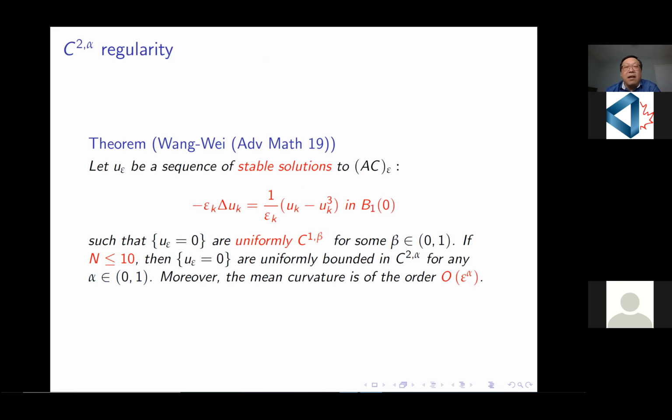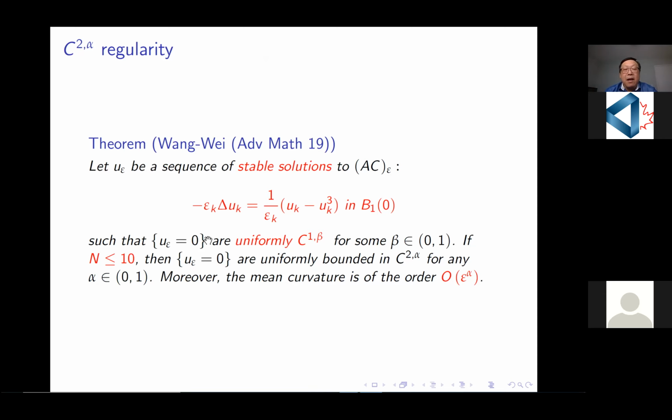And this is the result I obtained with Kelei Wang 2 years ago. We show that yes, but in lower dimensions. Our result says if you have a sequence of stable solutions of Allen-Cahn in the unit ball, so in a bounded region, let's assume that the nodal set is uniformly C1 alpha. This is our assumption.